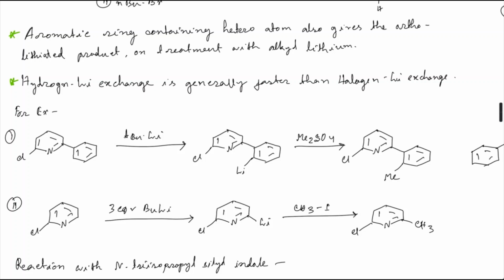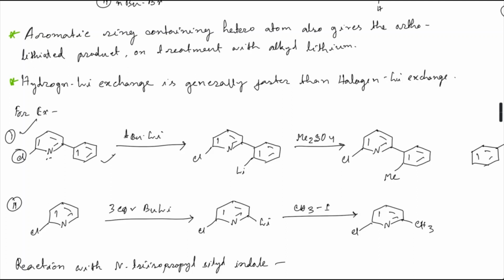If we see example 1, this is a pyridine substituted with a phenyl group and a halogen, which when treated with tertiary butyl lithium gives the ortholithiated product on the aryl benzene, that is the phenyl, due to this heteroatom effect.